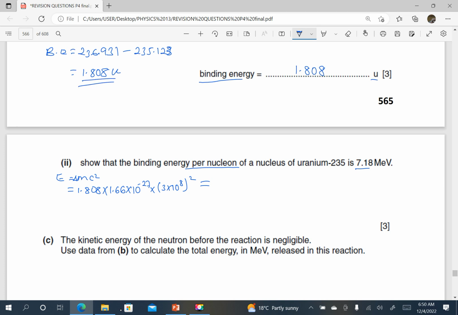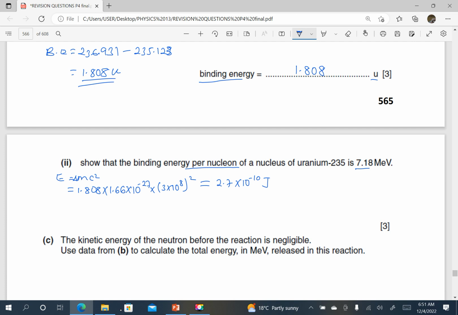So I press my calculator here. From my calculator, I have that this is 2.7 times 10 power negative 10 in joules. I want the answer in electron volts, and it is binding energy per nucleon.